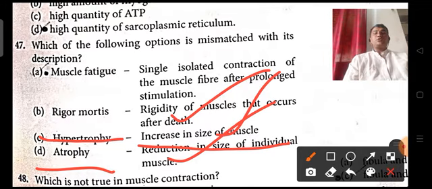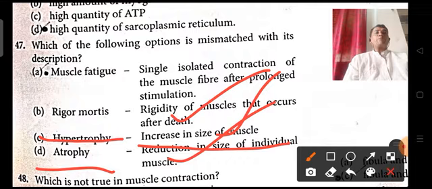Then the muscle will not show the same contraction as it would have shown for the same strength of stimulus previously. So there is a fall in the force of contraction on prolonged stimulation, or fatigue.